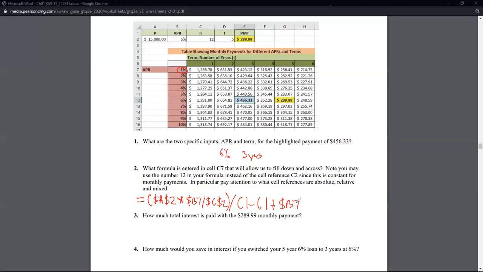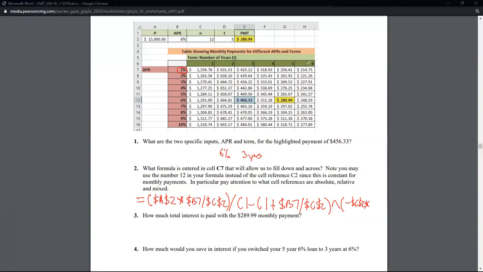So 1 plus, then divided by, this is supposed to be the N, which was the C2, but double fixed. And then we close that, then we have our exponent, then we open a parentheses, then it's the negative and the N and the T. So that's the N, which is the C2 again. Cash C, cash 2.